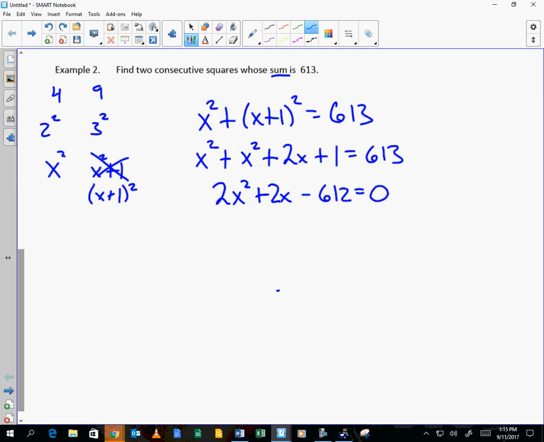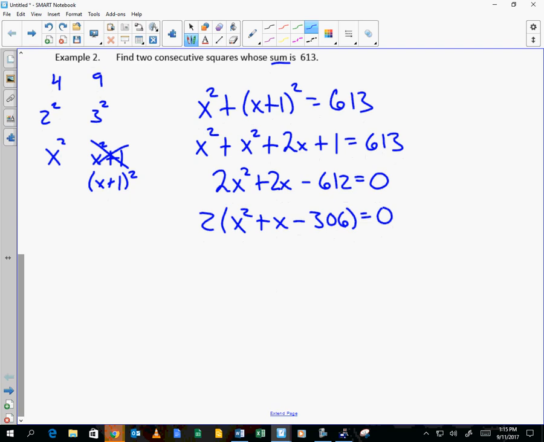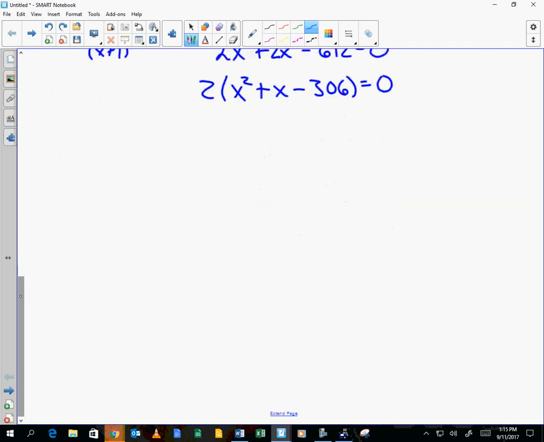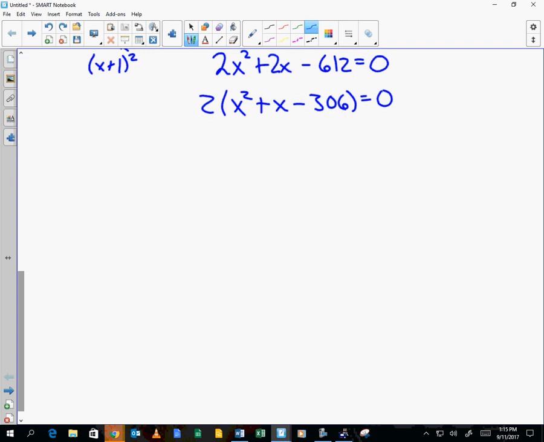Why did I make it equal to 0? Yep, use the zero product property. Two numbers that multiply to negative 306 that add to 1.